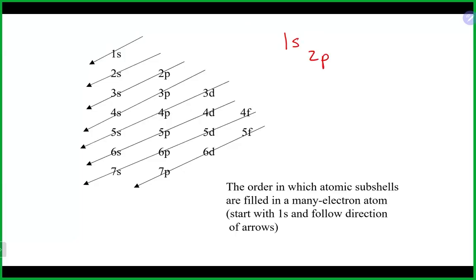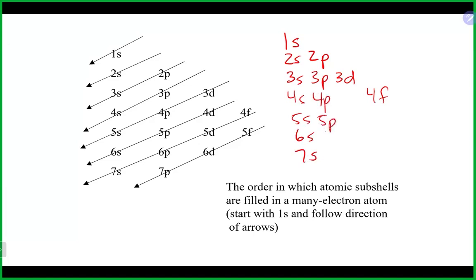Not until the third energy level do we see the d appear, right? Not until the fourth energy level do we see the f. At this point, you pretty much just need to fill in all the numbers below it. So 2s, 3s, 4s, 5s, 6s, 7s, 2p, 3p, 4p, 5p, 6p, 7p, 3d, 4d, 5d, 6d, and 4f.